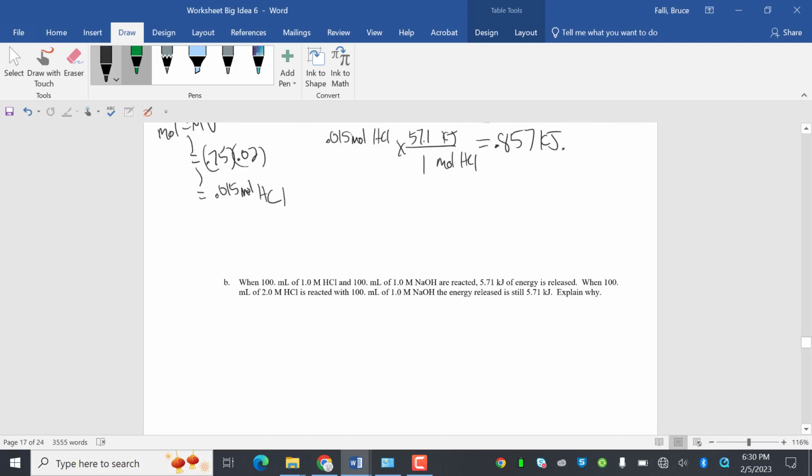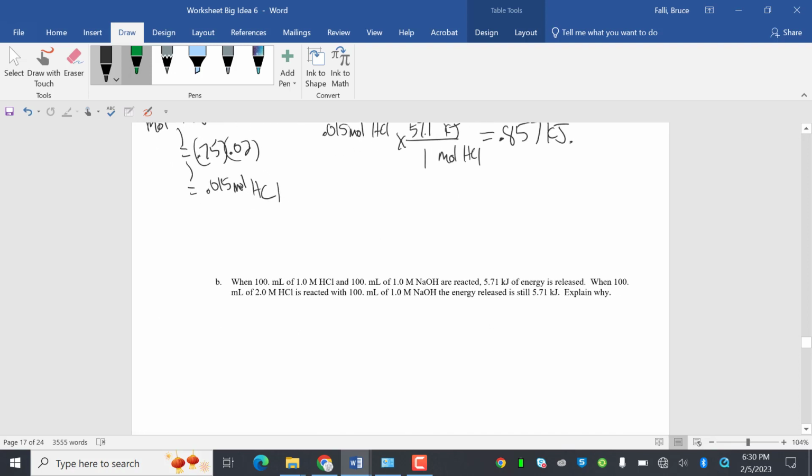When 100 milliliters of 1 molar HCl and 100 milliliters of NaOH reacted, 5.71 kilojoules of energy is released. When 100 milliliters of 2 molar HCl is reacted with 100 milliliters of NaOH of 1 molar, it's still 5.71. Explain why. In case 1, both are limiting reactants, equal moles.